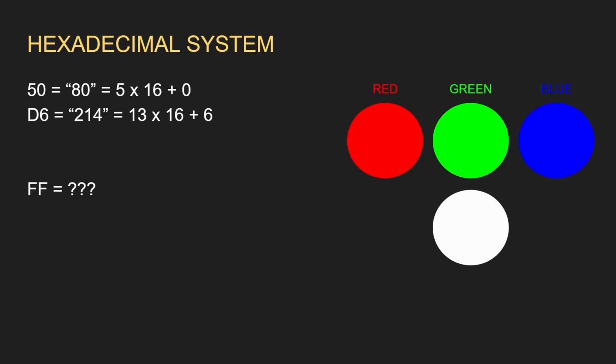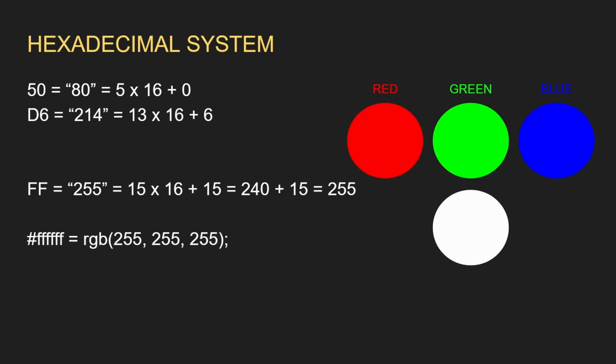So it would be 15 times 16 plus 15. 15 times 16 equals 240 plus 15 equals 255. And here you can see the result, which is exactly what I said before.